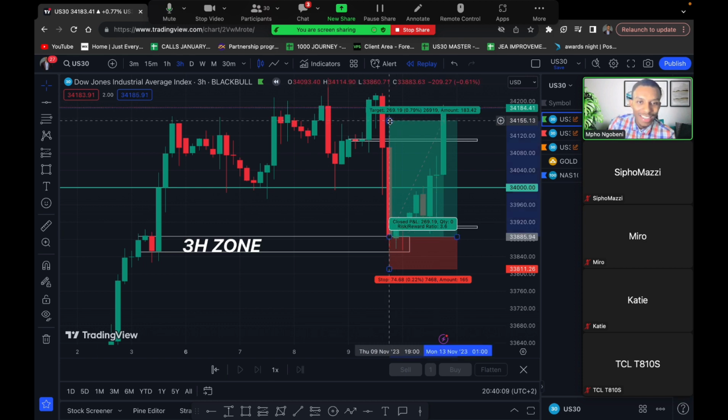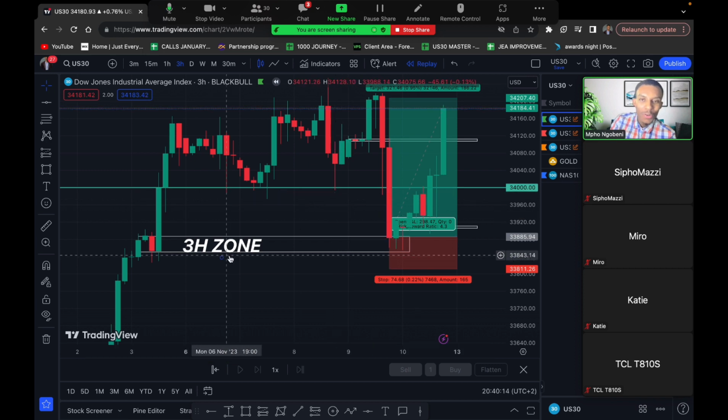As you can see, after that it gave us this buy that has been continuing. That's a 3-hour zone there. It came just to retest the 3-hour zone, and it went back up for buys.